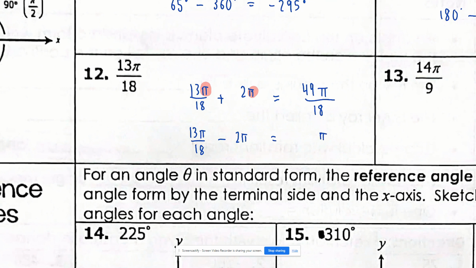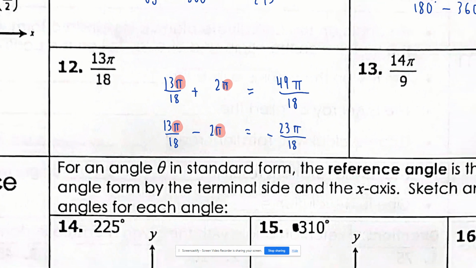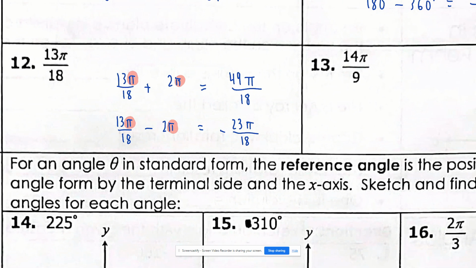We leave pi alone and we type what in our calculator? 13 over 18 minus 2. What do you get? Negative 23 over 18. So we write negative 23 pi over 18. That's how we convert and get a positive and a negative coterminal angle.